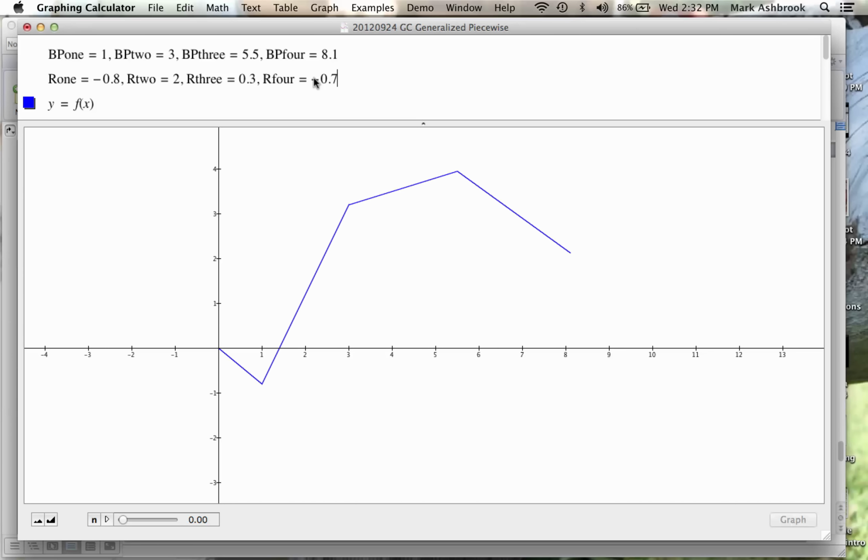And now when I graph it, it will apply all these new breakpoints: x equals 1, x equals 3, x equals 5.5, and x equals 8.1, and the corresponding rates between the breakpoints.